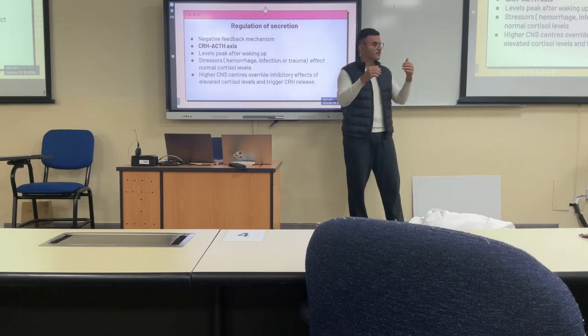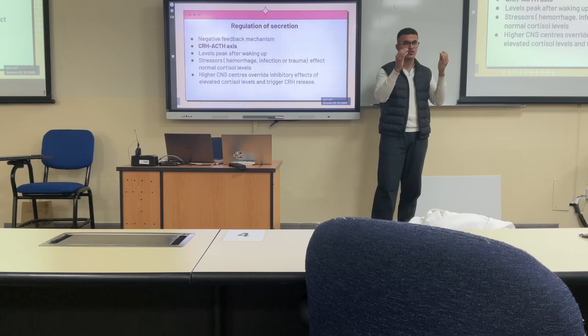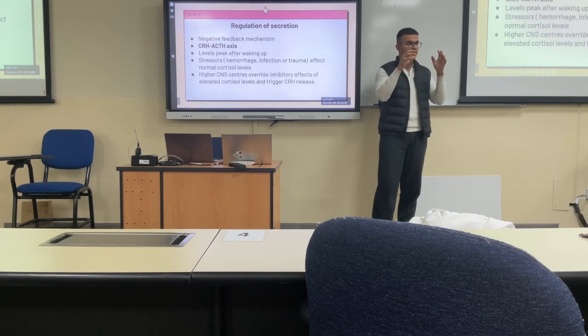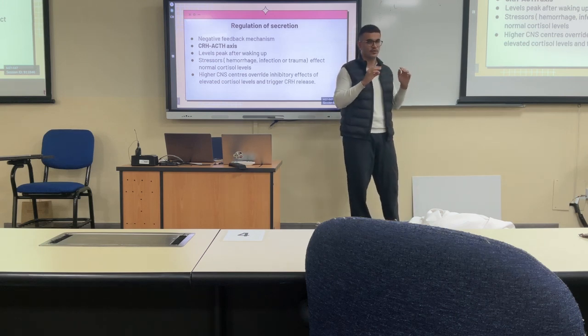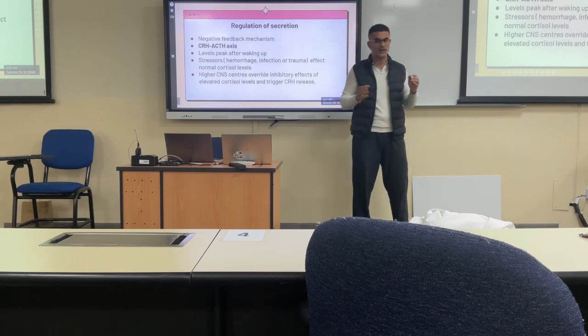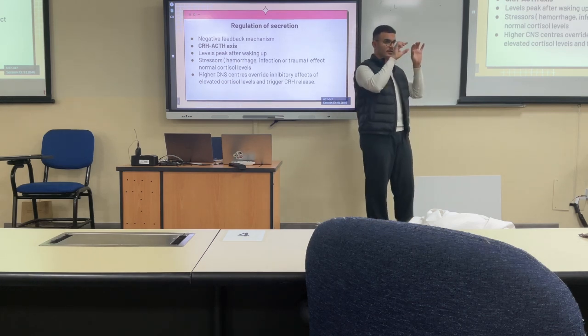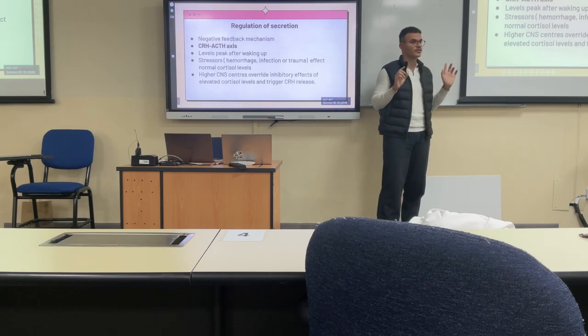So this axis stimulates this. How? From the hypothalamus we have CRH, corticotropin releasing hormone. It goes to the pituitary and causes the pituitary to release ACTH, or adrenocorticotropic hormone. This ACTH is going to go to the adrenal cortex and stimulate the secretion of the glucocorticoids.